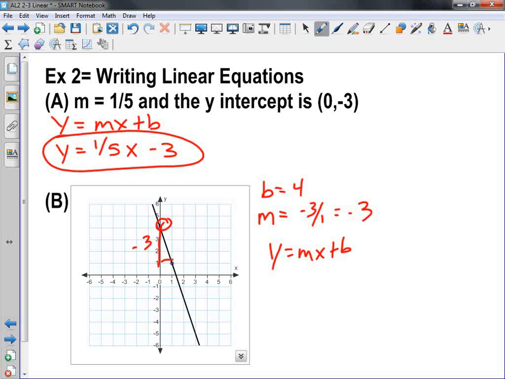So part B, it's going to be y equals what? -3x plus 4. And that's the problem for part B. All right. Any questions about what I found on those two parts?